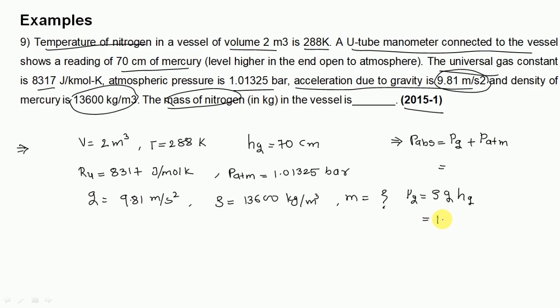Rho is given 13,600, g is 9.81, and Hg is given in centimeter, that is 70 centimeter. But here you need to convert it into meter because all the parameters are in meter. G is in meter, density in kg per meter cube is also in meter, so we need to divide by 100. If you do the whole calculation, you get the value of Pg.